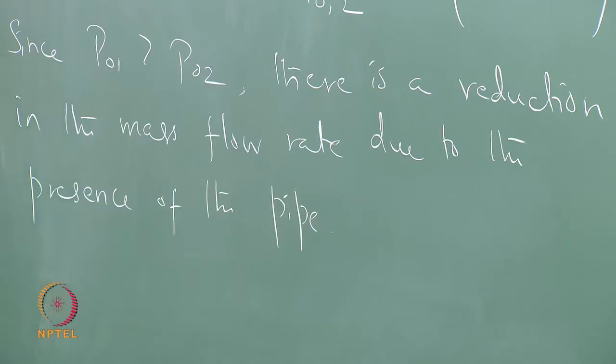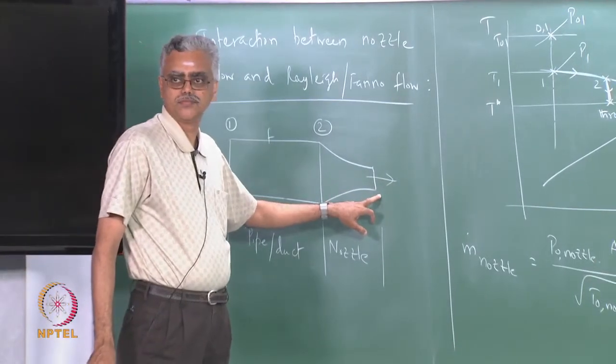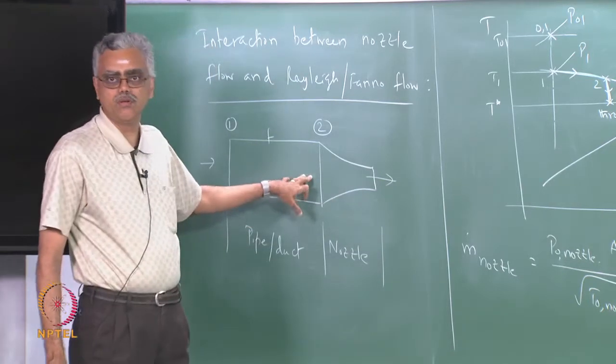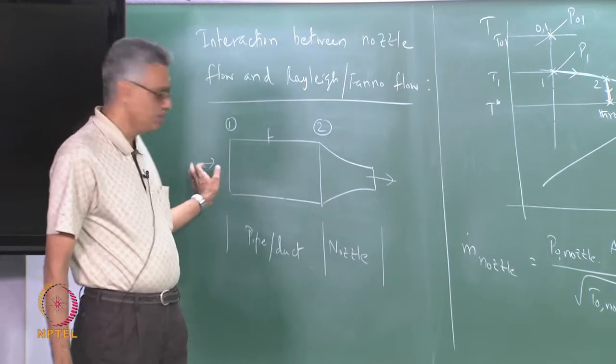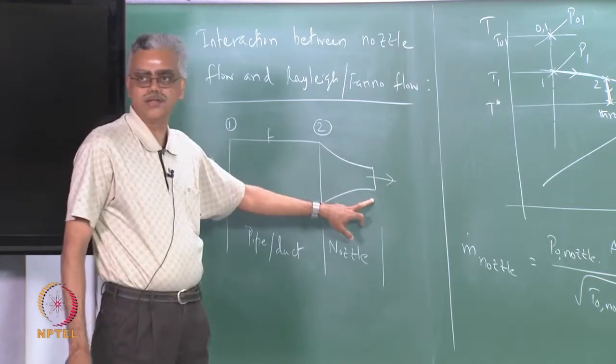Okay. The other important point is, notice that m equal to 1 in this case is attained here, okay, which means the value of m at the end of the pipe will always be subsonic. If inlet is subsonic, this will always be subsonic because m equal to 1 can occur here only.